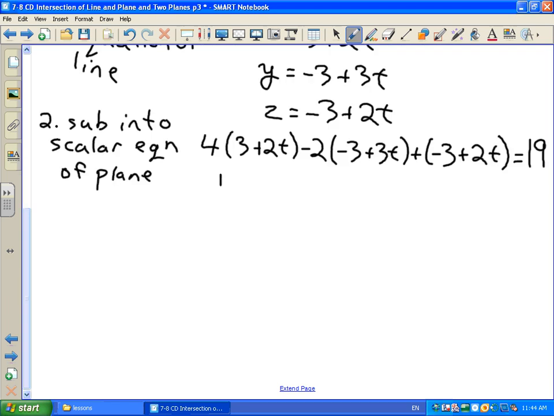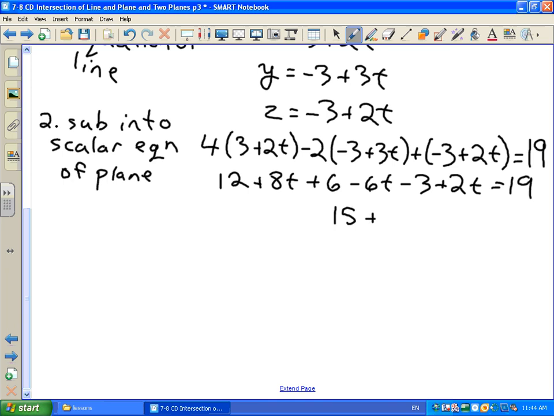So let's expand. 12 plus 8t plus 6 minus 6t minus 3 plus 2t equals 19. Collect our like terms here to get 15 plus 4t equals 19. So 4t is going to equal 4, and t equals 1.